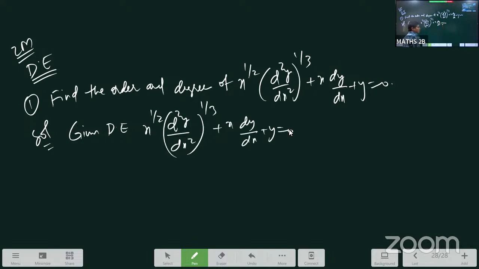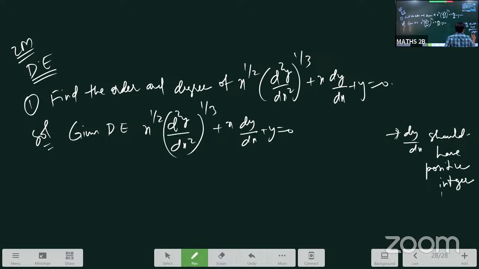The rule says that the derivatives should have positive integer powers. That means it cannot have fractional powers. That is the only one thing you have to take care of.